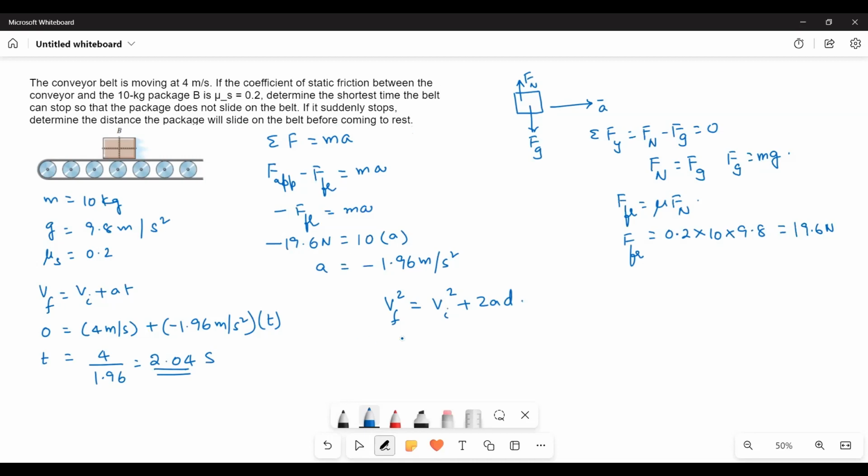So here again, Vf is equal to 0, and Vi is equal to 4. So 0 is equal to 4 meters per second whole square plus 2 into minus 1.96 times d. Therefore, d is equal to 4 square divided by 2 into 1.96.